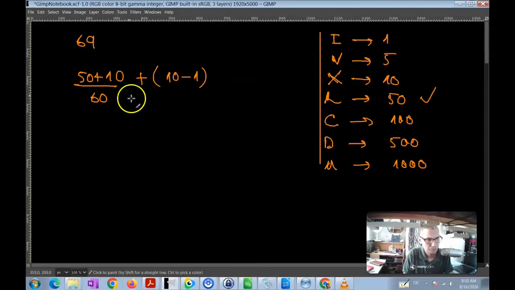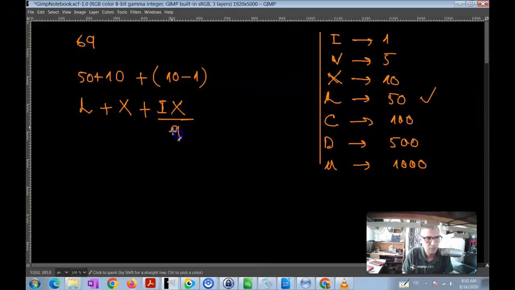So that should give me 69. Of course, in the end, you should always check your work to make sure that you haven't made any mistakes. Anyhow, a 50 is an L, and a 10 is an X. So 10 would be added to the 50, and then over here 10 minus 1 would be an X, and then you want to subtract the 1, so you put it on the left hand side.